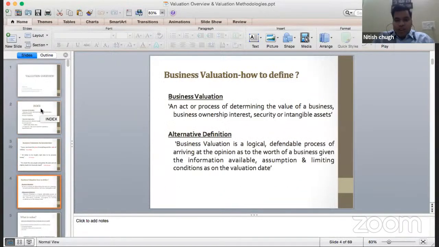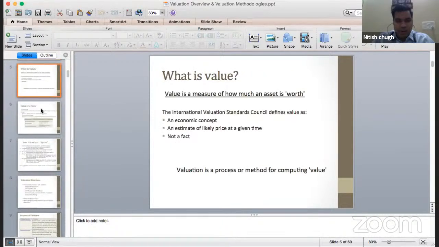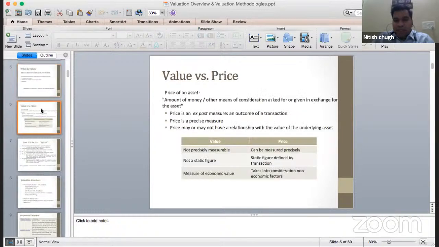So what we have done yesterday is the definition of business valuation. It is an art or process of determining the value of business ownership interest, security, or intangible assets. What is value? We have seen that it's an economic concept and an estimate of likely price. Price is quite different from value.